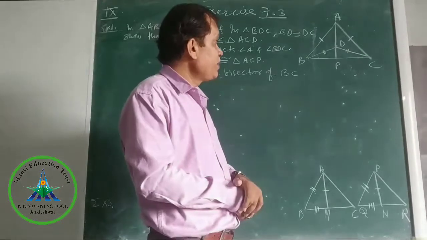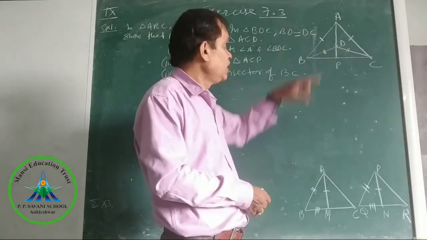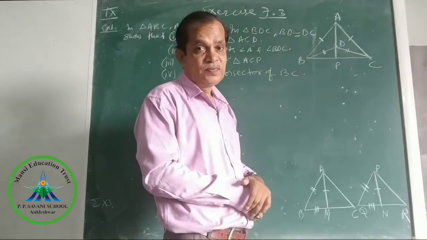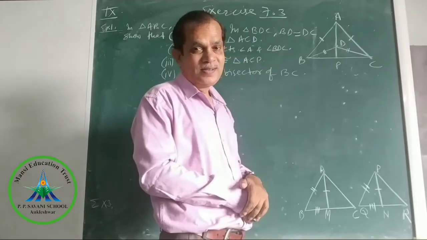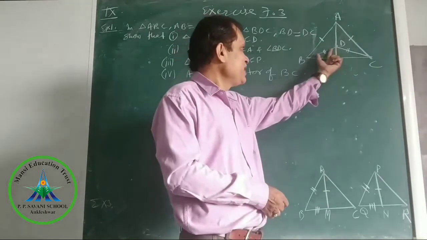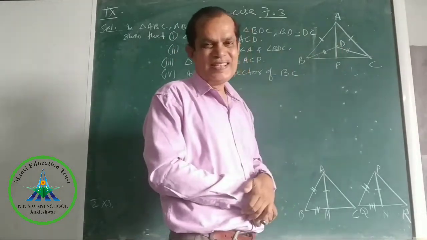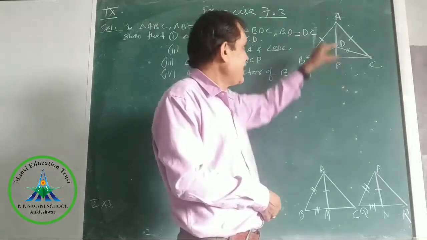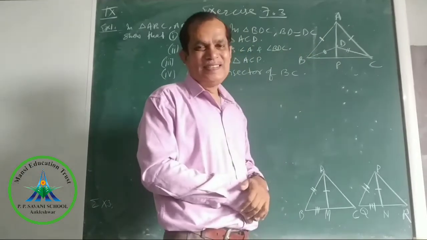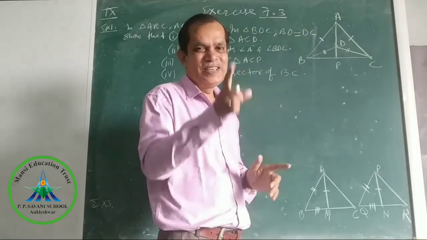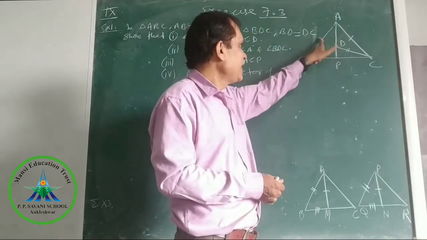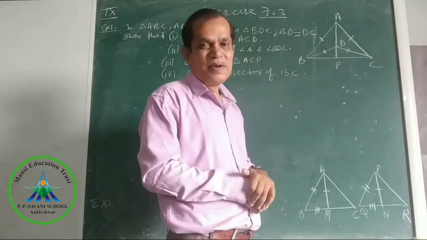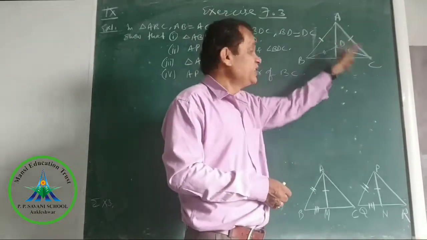So, in ABD and ACD, AB is equal to AC, BD and CD are equal, and AD is common. Yes or no? So, by the side rule, side, side, ABD is congruent to ACD.